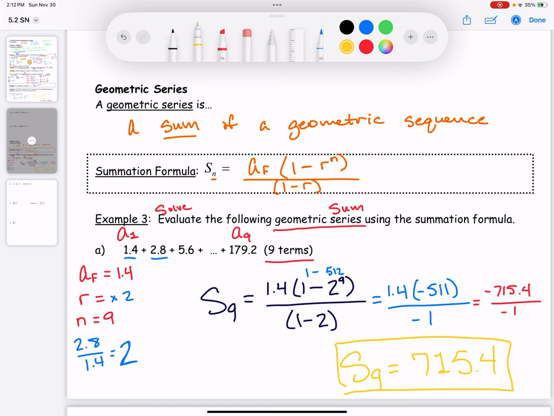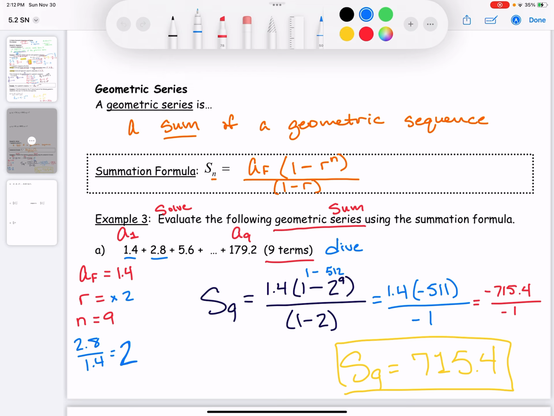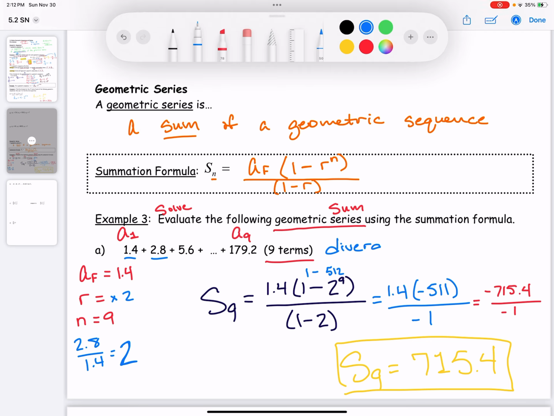So the sum of our first 9 terms is 715.4. And we would say that this is a divergent sequence because the numbers are getting higher and higher and higher. We would guess towards infinity.